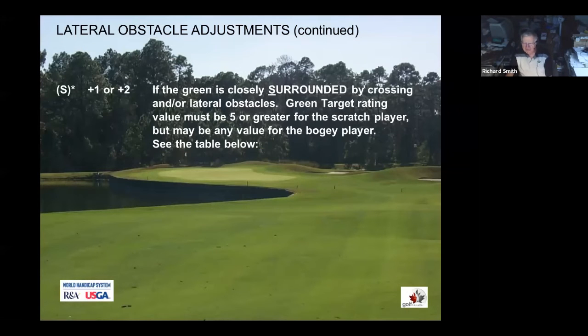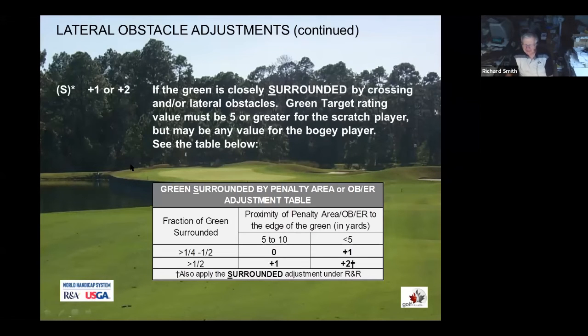The surround: if a green is closely surrounded by crossing and/or lateral obstacles, if the green target is 5 or greater for the scratch, but maybe any value for the bogey player, we get the adjustment shown in this table. You look at the fraction of the green surrounded, and you can determine that in the same way that you determine the fraction of a bunker that is surrounded.